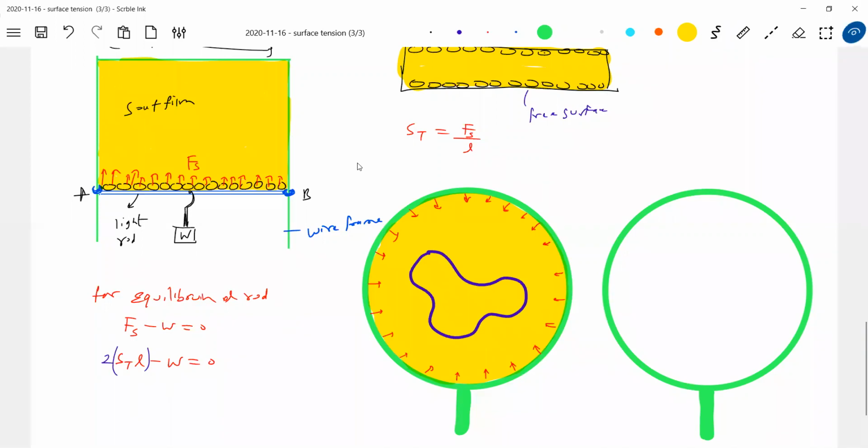The layer present here will exert a force on the thread, and the layer present on the other side will also exert a force. So therefore, it will be like this. Sir, why are you not showing forces here? Yes, here also there will be. I'm bothered about the thread and the wire loop.